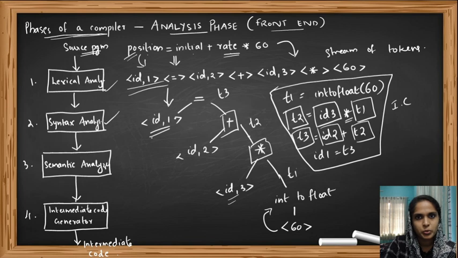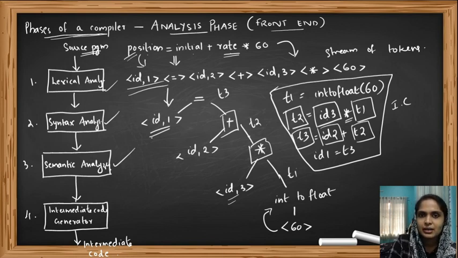Once these tokens are fed to the syntax analyzer, it will produce the syntax tree or the parse tree as output. And this syntax tree will be fed to the semantic analyzer, which checks the meaning of the program, and it will check for the logical errors in the program. And the important task of semantic analysis is to perform the type checking. And during type checking, it will be performing some levels of coercions.